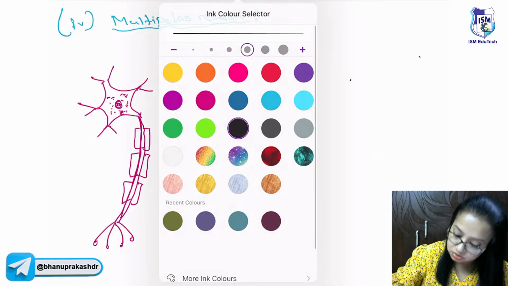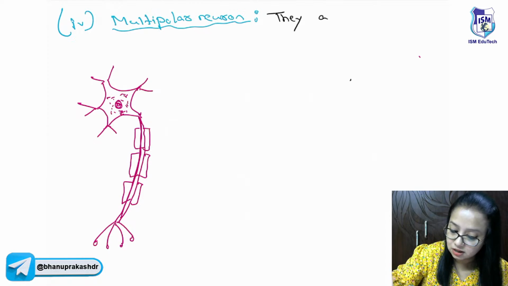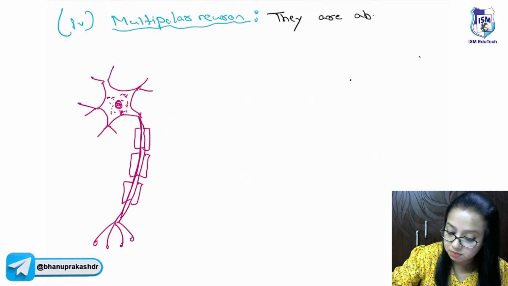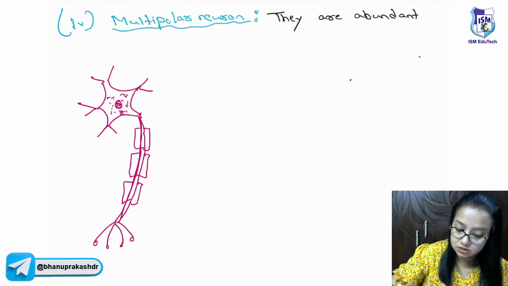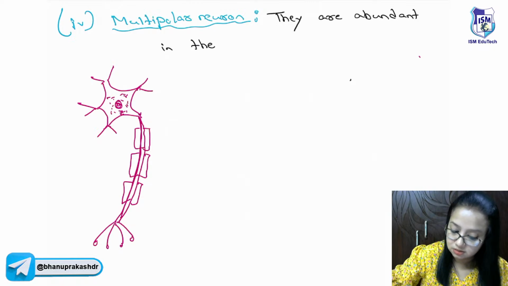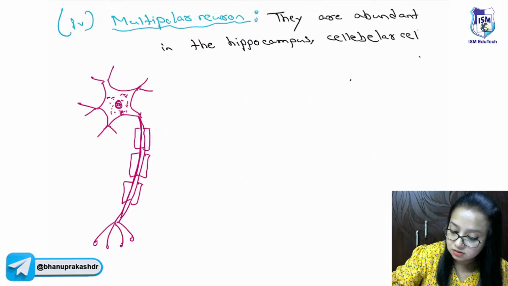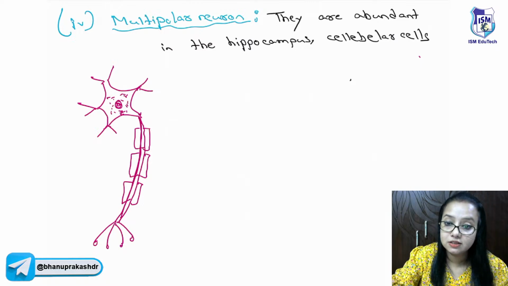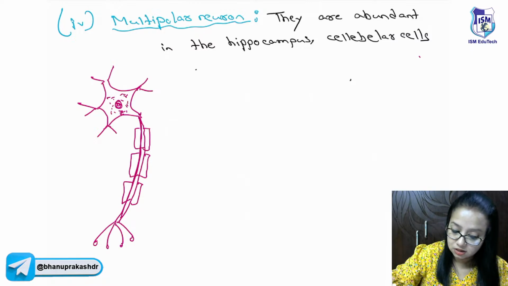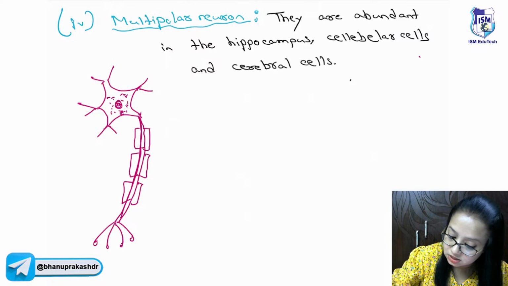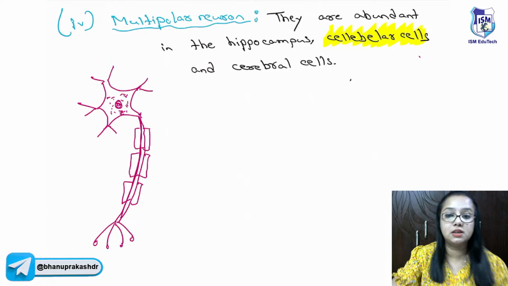Now, these types of neurons are abundant, meaning in large number, in the hippocampus, then cerebellar cells, like the Purkinje cells, pyramid cells, all those cells, and cerebral cells also, but mostly they are abundant in the cerebellar cells.